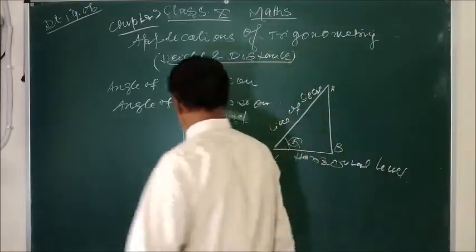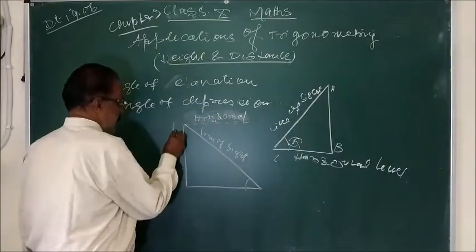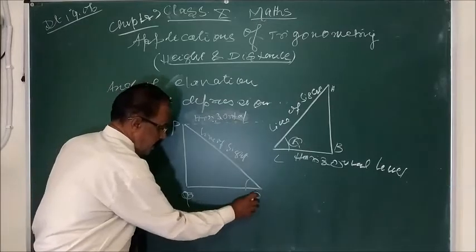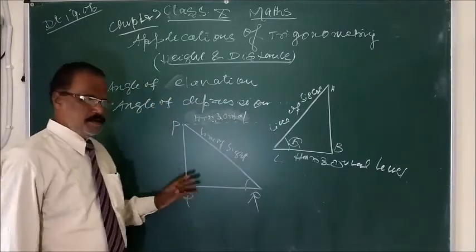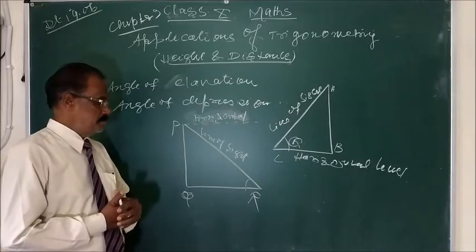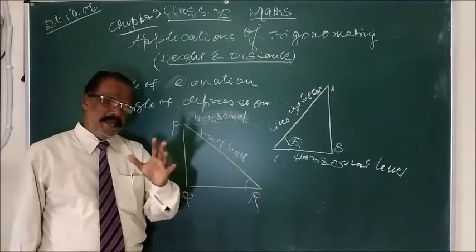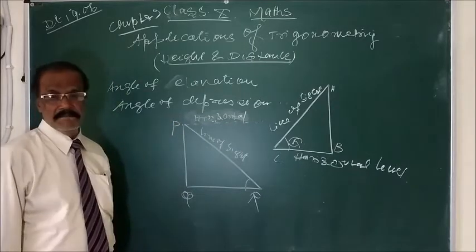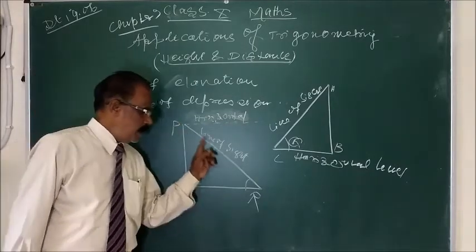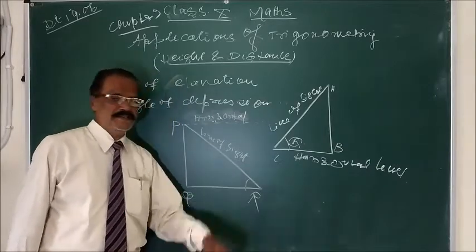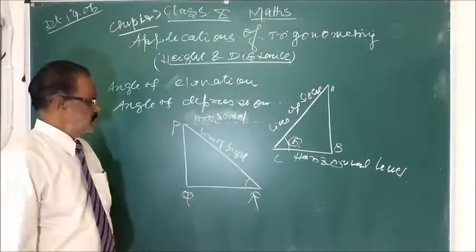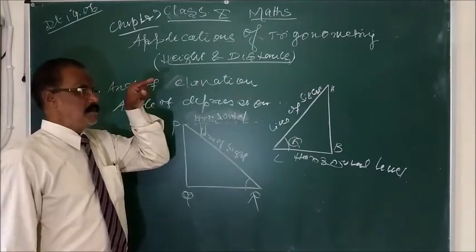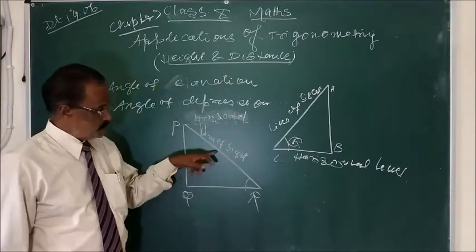Now you see, the observer is here at point P, and Q and R. PQ is a tall building, suppose, and R is any object, and you are at the top of the building, and you are trying to see this object R. So another angle is formed here, between the horizontal line and the line of sight.